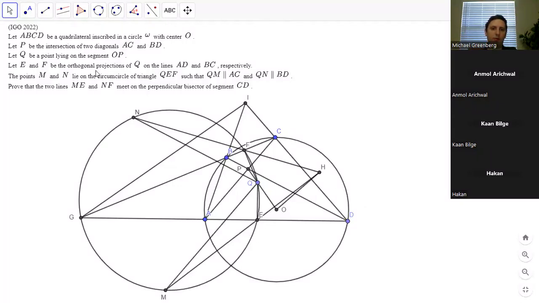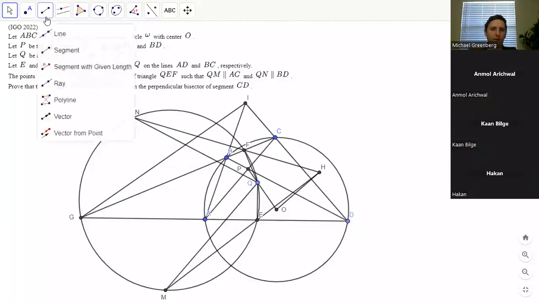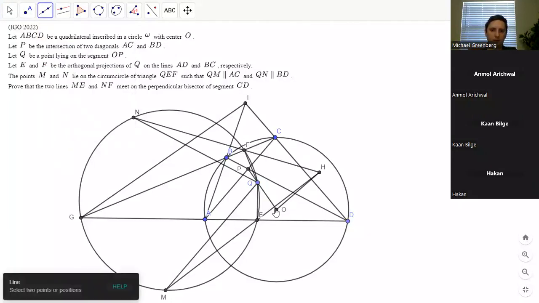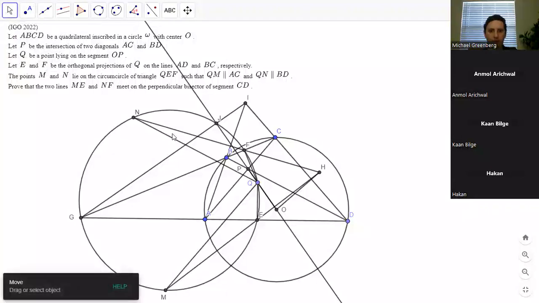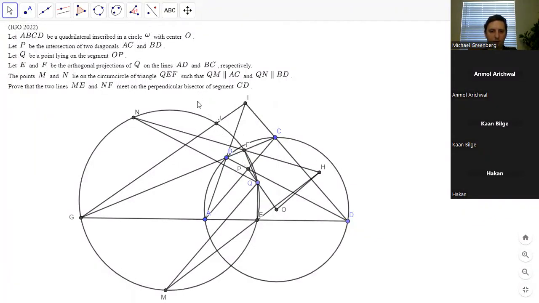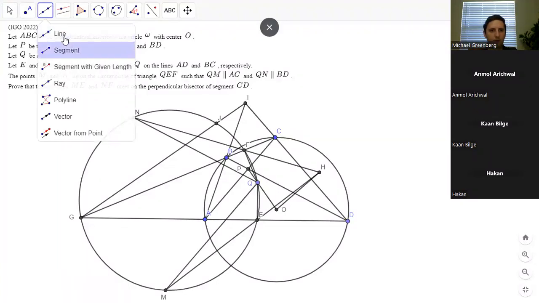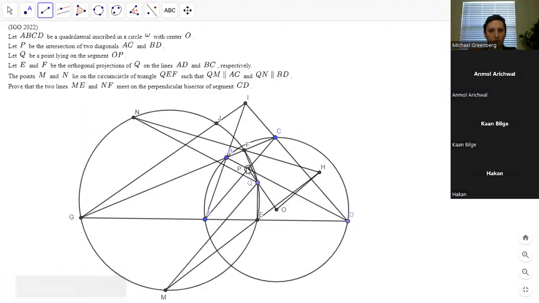So maybe it's worth drawing, because OP, so here's the Mixtilinear point, and it lies on this, right? I think so, yeah, that's a well-known fact. So these are all collinear right here: O, Q, P, J, and it's perpendicular to IG.